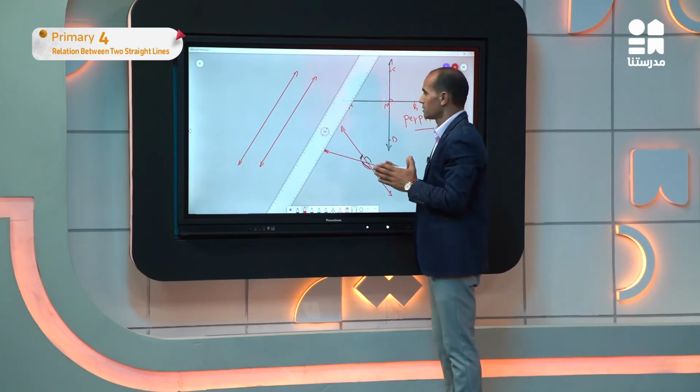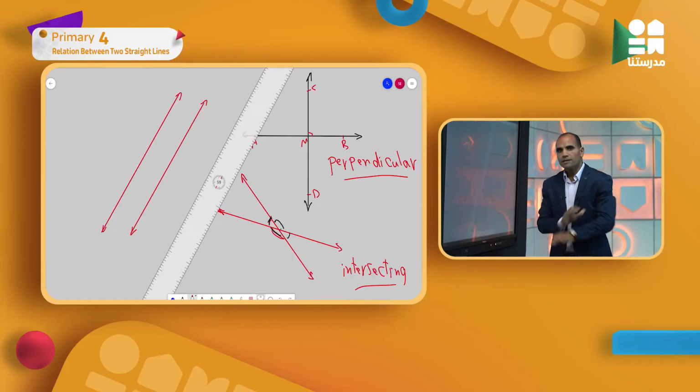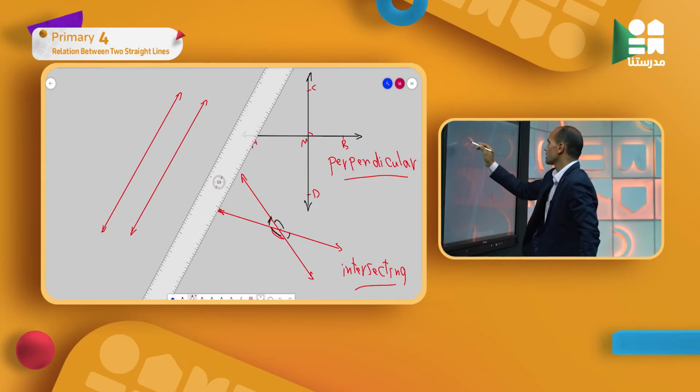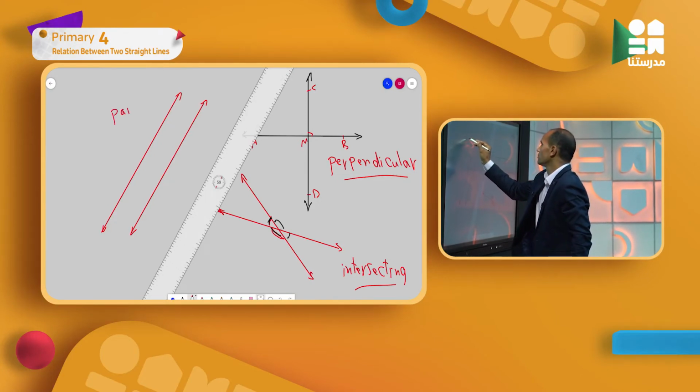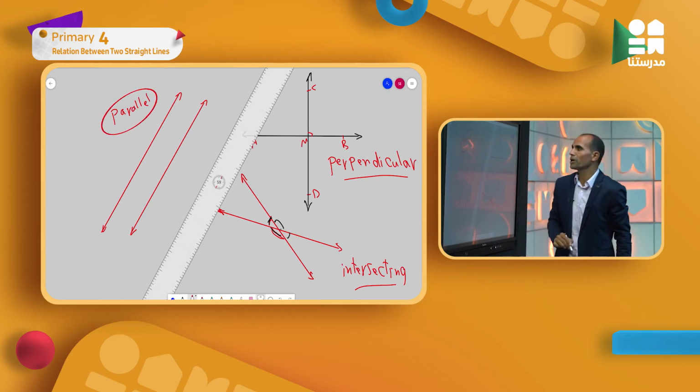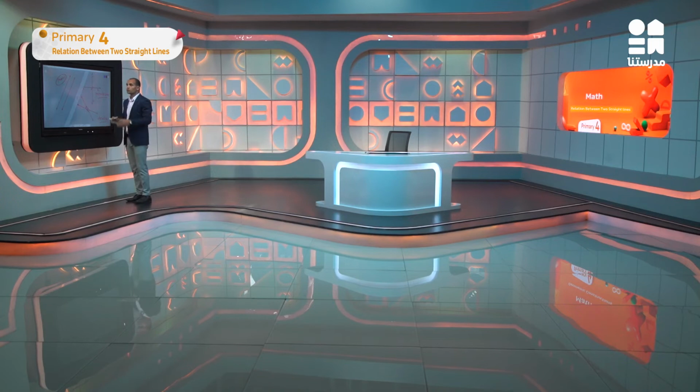The two parallel lines never intersect, and we can say here parallel. So here we have two parallel lines. The two parallel lines never intersect.